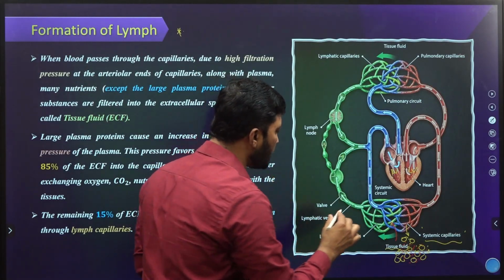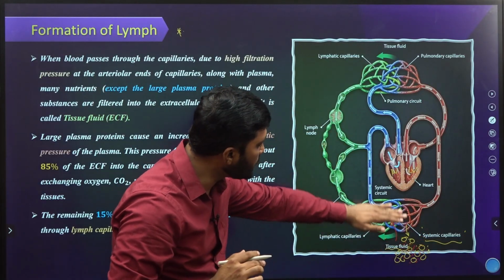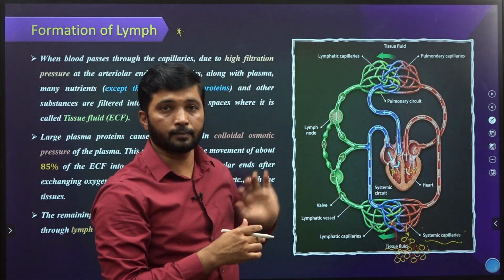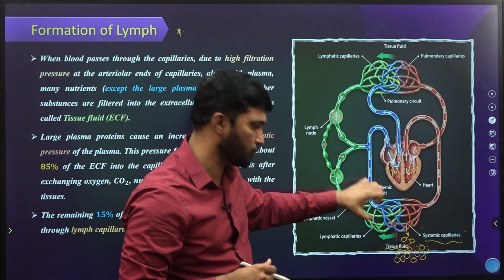Almost 85% of the tissue fluid goes back into the venous system. Venous capillaries are ready to capture the maximum tissue fluid.